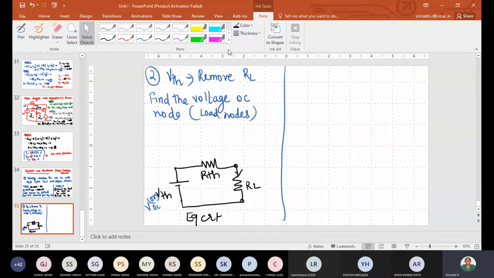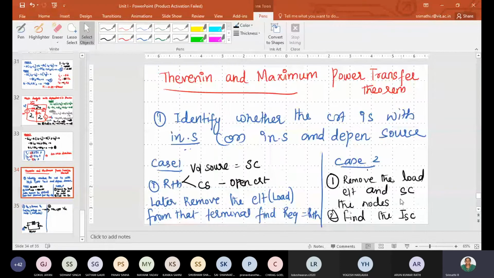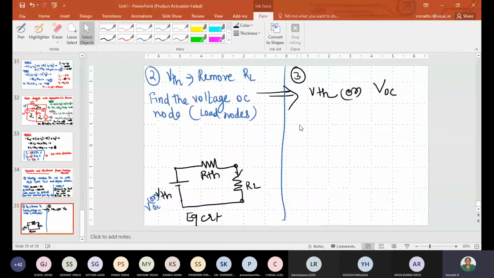Step 3 is the same as before: find the voltage across the load node, which is VThevenin or VOC. We know the ISC across the load element, after removing the load element and connecting a wire between the nodes. So now RThevenin is nothing but VThevenin by ISC.